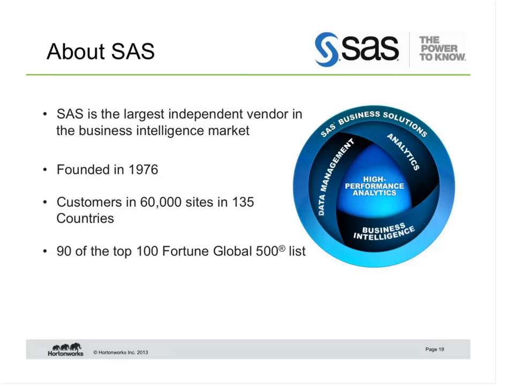We were founded in 1976, and we have about 60,000 sites in 135 different countries. I see from a number of the Q&A messages so far today that many of you are existing customers, and thank you for being existing customers. Also want to tell you that we're in probably 90 of the top 100 Fortune 500 companies out there.